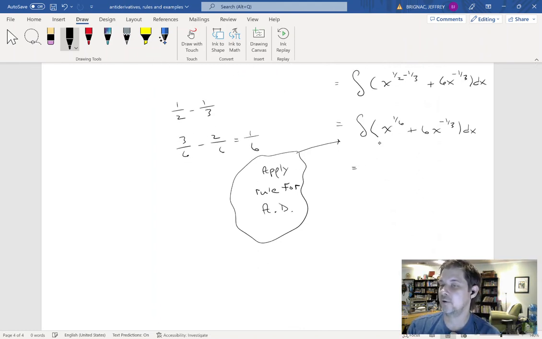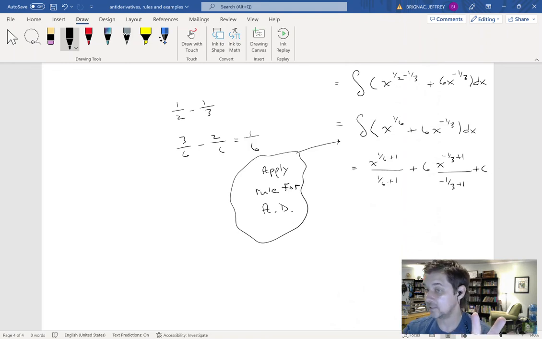So here I will add 1 to this power. I'll get 1 over 6 plus 1, and I'll divide by that same number. I carry the plus along. I carry the 6 along. And with this x to the minus 1/3, again, I add 1 to that power, and I divide by what I get. And then, as always, I add my constant of integration.